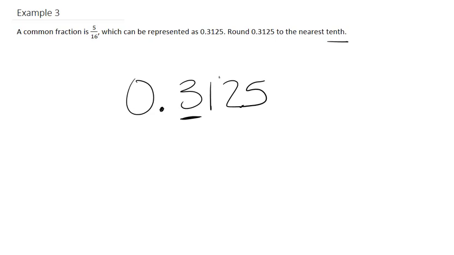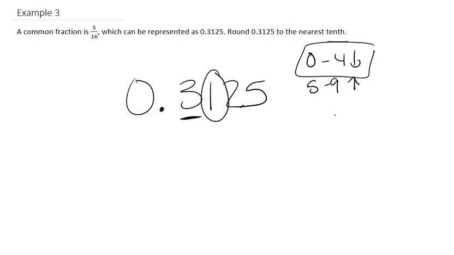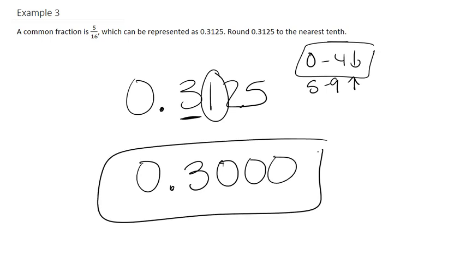Now we're going to look at the 1 to see if we round up or down. So we see that 0 to 4, we round down, 5 to 9, we round up. We see that this 1 is between 0 to 4. Therefore, we're going to go ahead and round down. So this new number can be 0.3000, or we could just write 0.3.